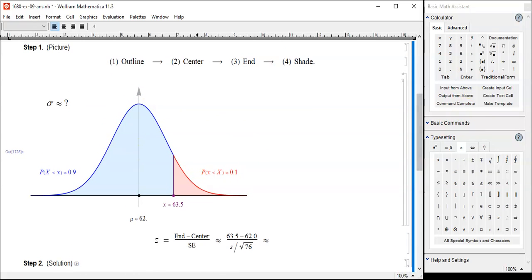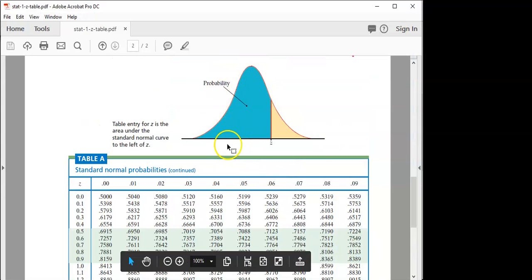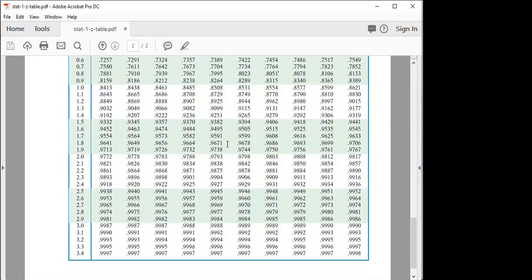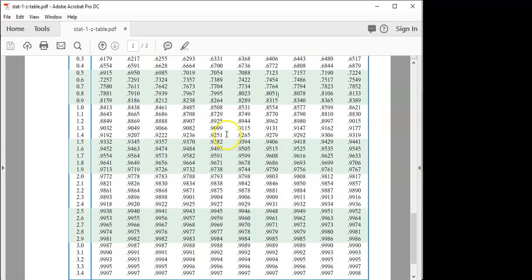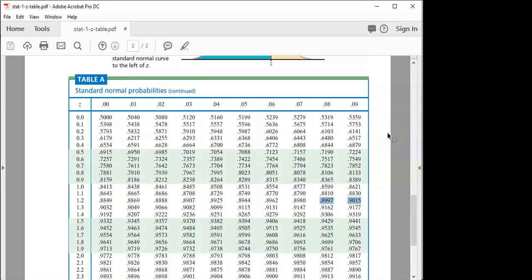So let's look up the table and let's find out the z-score associated to 90%. So this has to be 90%, so let's look for 90% somewhere here. 0.8997, this one is the closest. 1.28, do you see it?